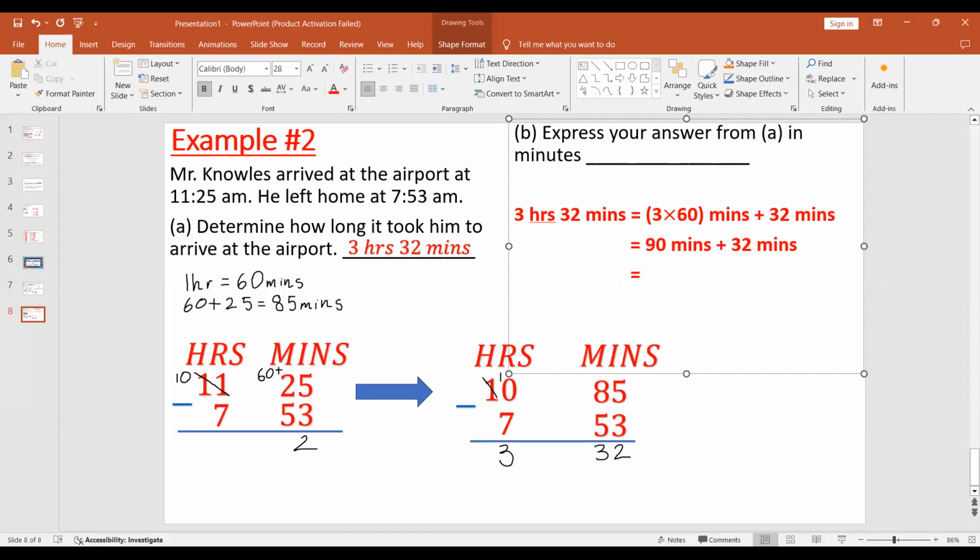It's 180. Sorry, it's 180. Okay, so what is 180 plus 32? 212. Yes, 212 minutes.